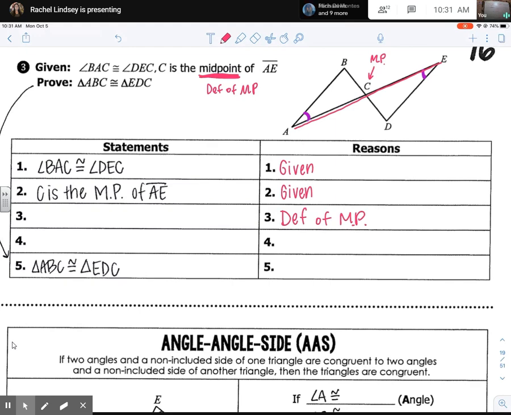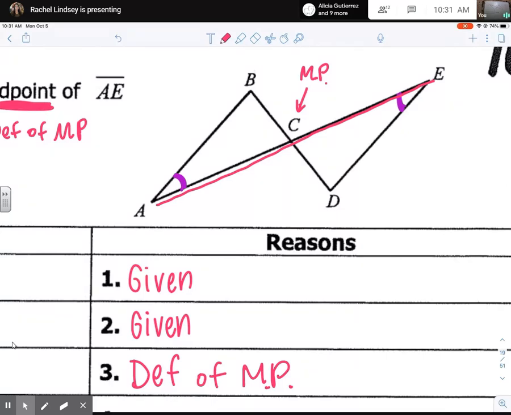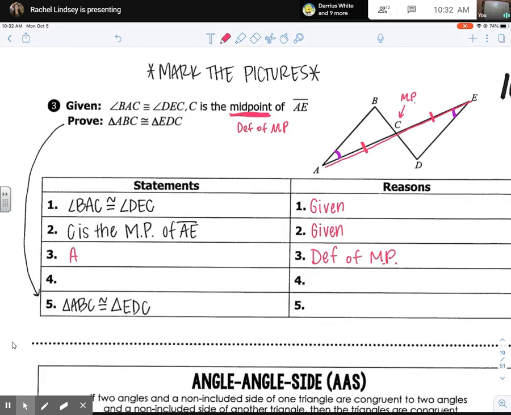By the definition of midpoint, that line's being split in half at C, right? So what does that mean about AC and EC? They're congruent. AC is congruent to EC, by definition of midpoint. We were able to mark that because of midpoint.